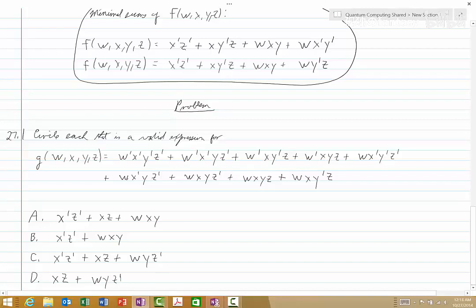And the choices are A, x prime z prime, or xz, or wxy; B, x prime z prime, or wxy; C, x prime z prime, or xz, or wyz prime; and D, xz, or wyz prime.